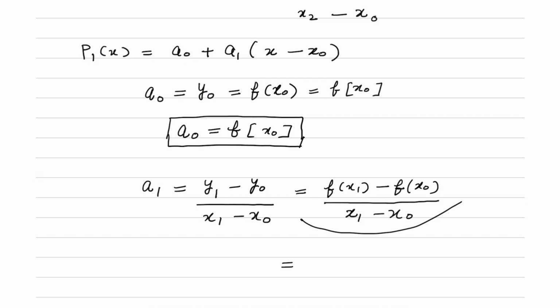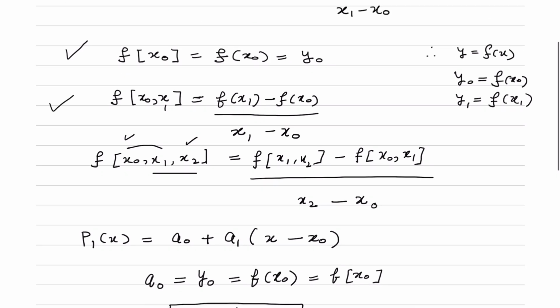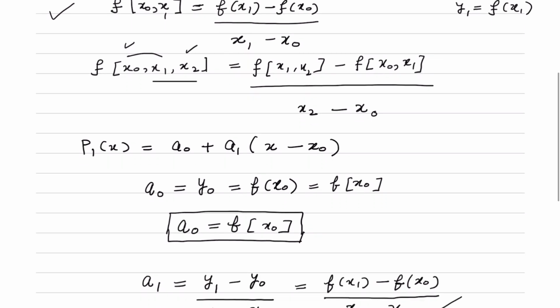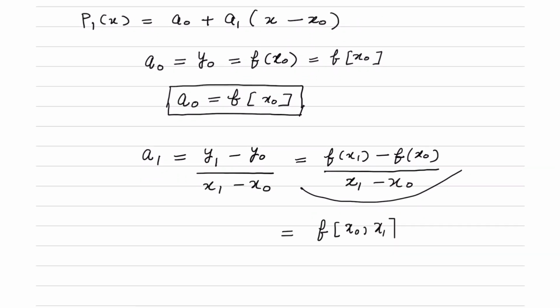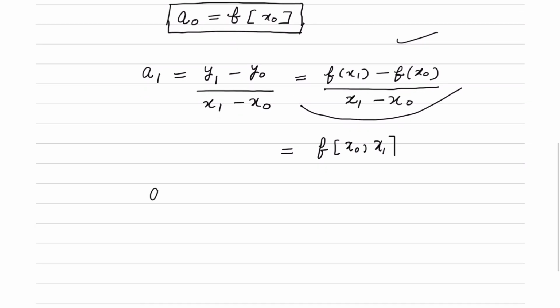In the notation of divided difference operator, this whole thing is equal to f of x0, x1. See here, we have defined f of x0, x1 as f of x1 minus f of x0 over (x1 - x0). So we knew the value of a1 was (y1 - y0) over (x1 - x0). We wrote y in the f form, and then this expression is equal to f of x0, x1. What we can see here is a1 is nothing but f of square bracket x0, x1.